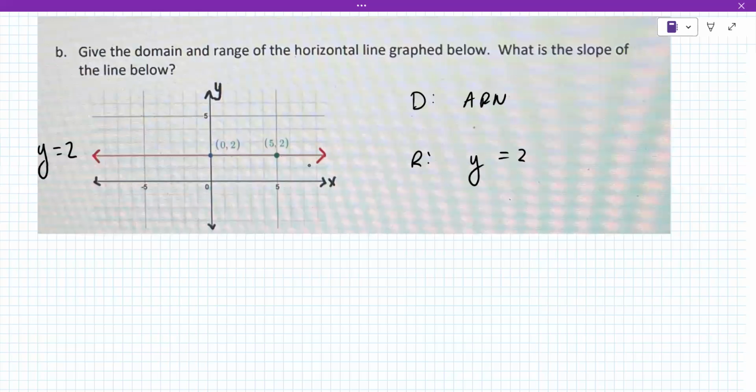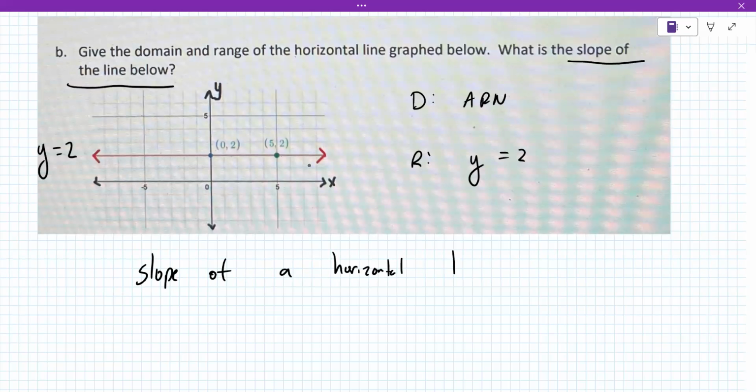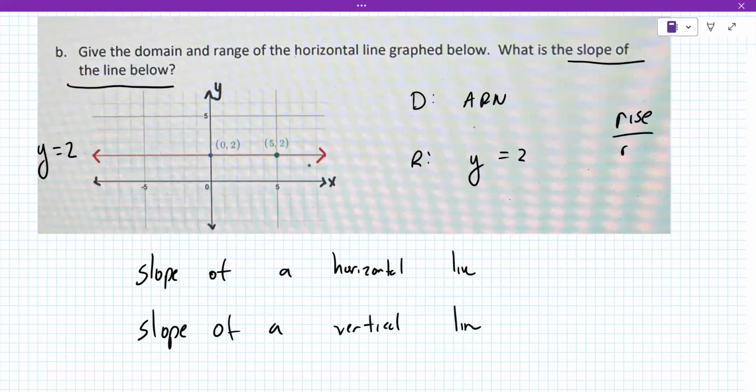Now, do you remember the slope of a horizontal line? It doesn't have a slope. All right. Let's look at this a little bit closer because there's two that you have to remember. Slope of a vertical line as well. So horizontal line, just like vertical line, you're looking at rise over run. So to go from this first point to the second point, how much up or down are you going?